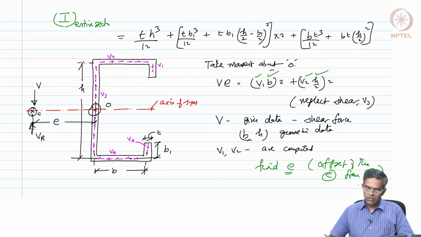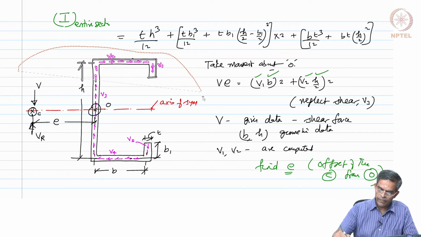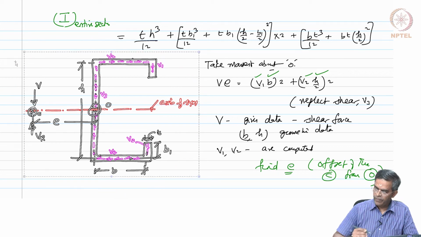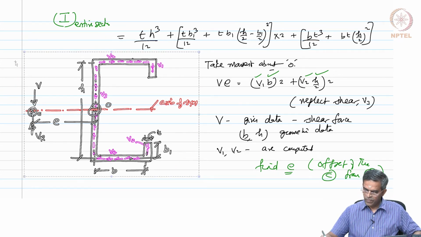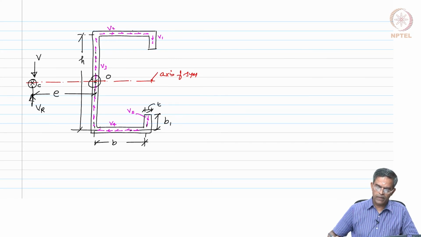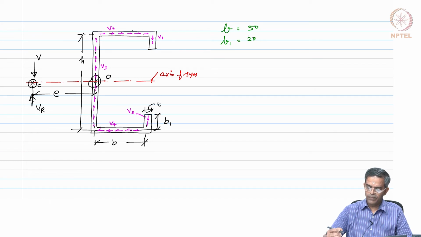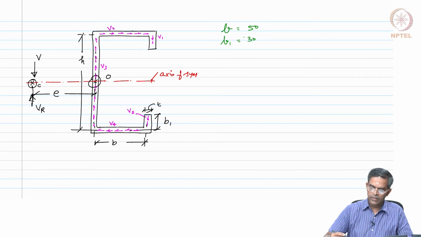So, we can take a quick example. Let us say B be 50, B1 be 20 or 30, h be 120 and T be 5 millimeters.